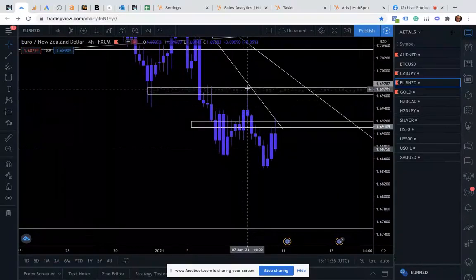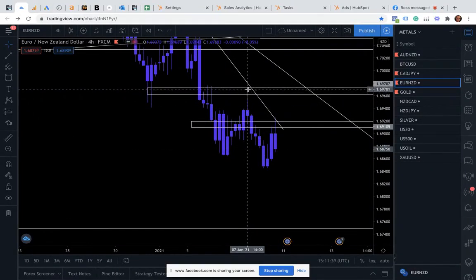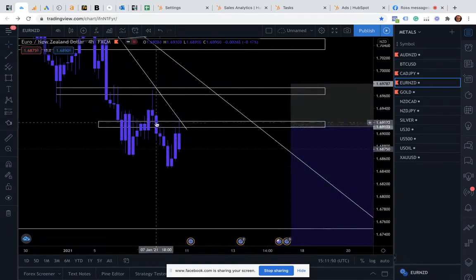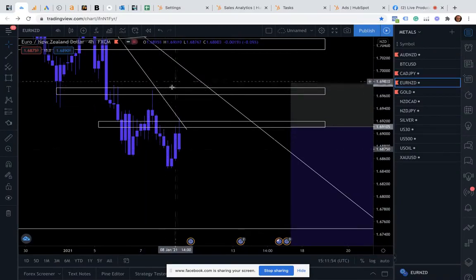We've had the buyers try to take control, and then what's happened is they've been pushed all the way back down. So they've opened here, we've pushed all the way up, we've closed back down, which shows a weakness in buying power, and then we've actually got an entry in just on this candle here and put our stop loss just behind this wick and behind this resistance zone.